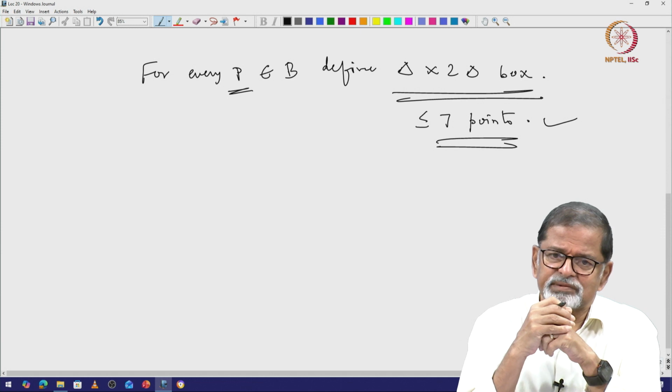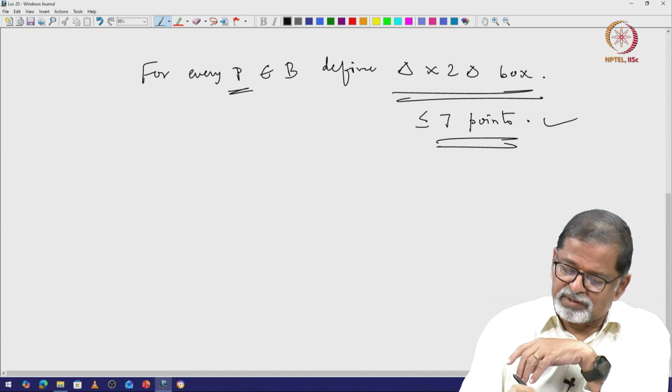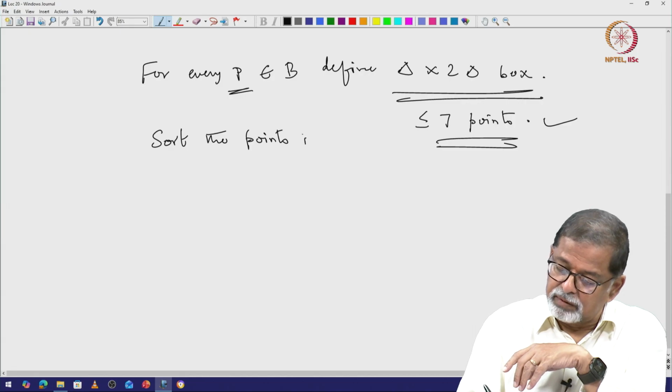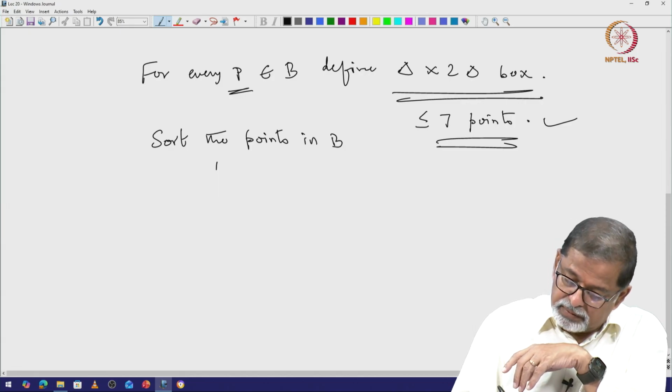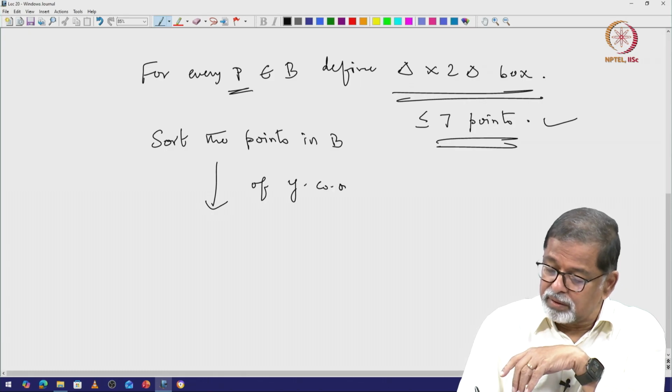Which 7 points? In order to do that, we are going to sort the points in B in descending order of y coordinate values.